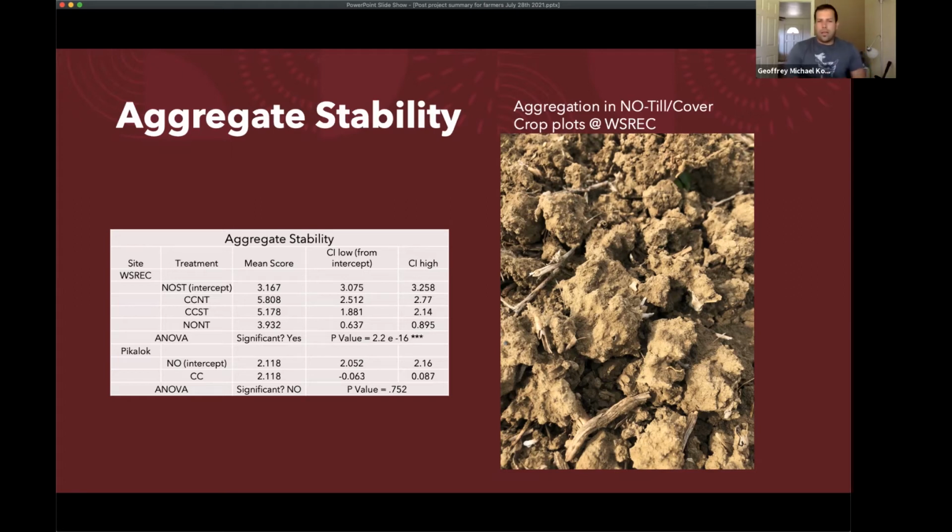And again, there's a pretty significant difference at each site in the soil textures too. At Westside, you have a little bit more clay, a little bit more of a finer textured soil, and that means that aggregation happens a little bit more readily. Whereas at your site, more sand, and a little tougher to get that aggregation to happen.